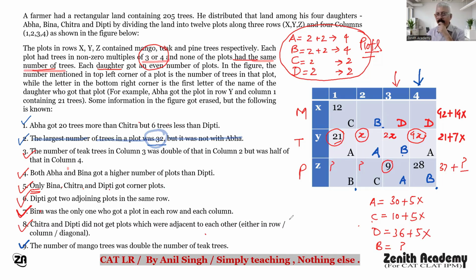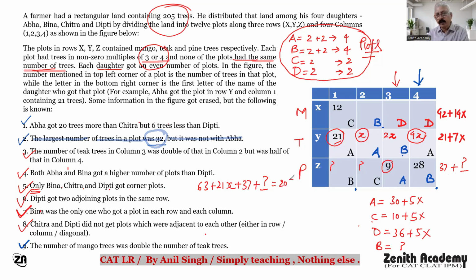Is it okay? The total number of trees is 205, as given here. Here we have 42 plus 14x, and 21 plus 7x. If I add them, then 42 plus 14x plus 21 plus 7x is 63 plus 21x, plus 37 and more, which we do not know; some value will be there.